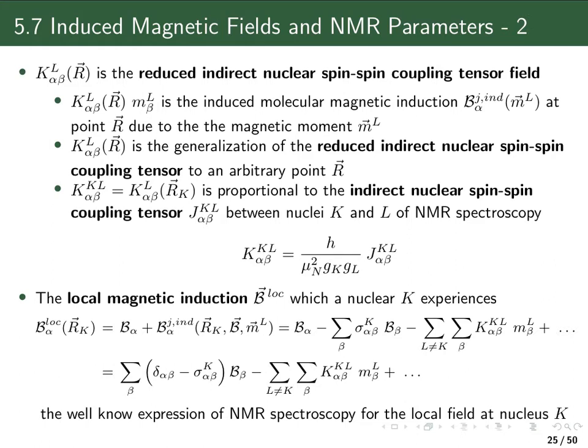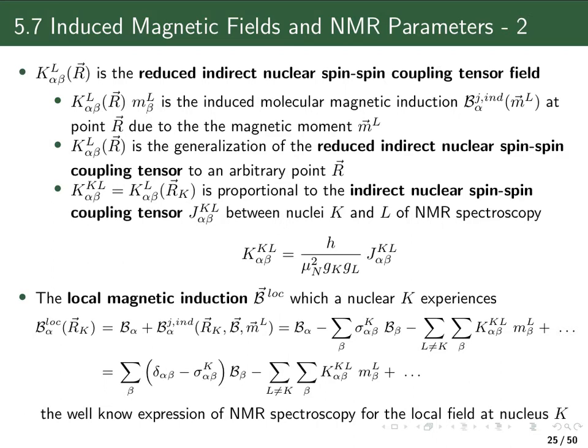So the difference in reduced coupling constant tensors between, for example, different nuclei is only a question of the changes in the electronic structure, and not because it has a different nuclear G factor.